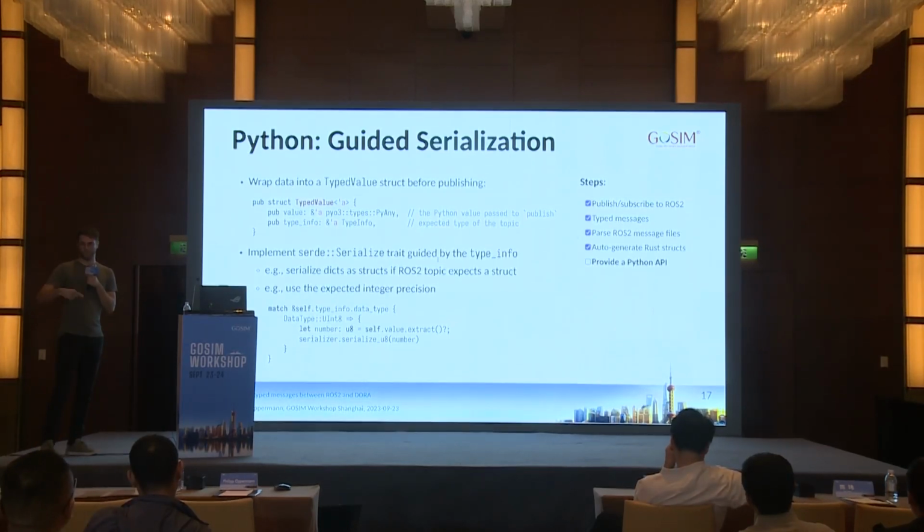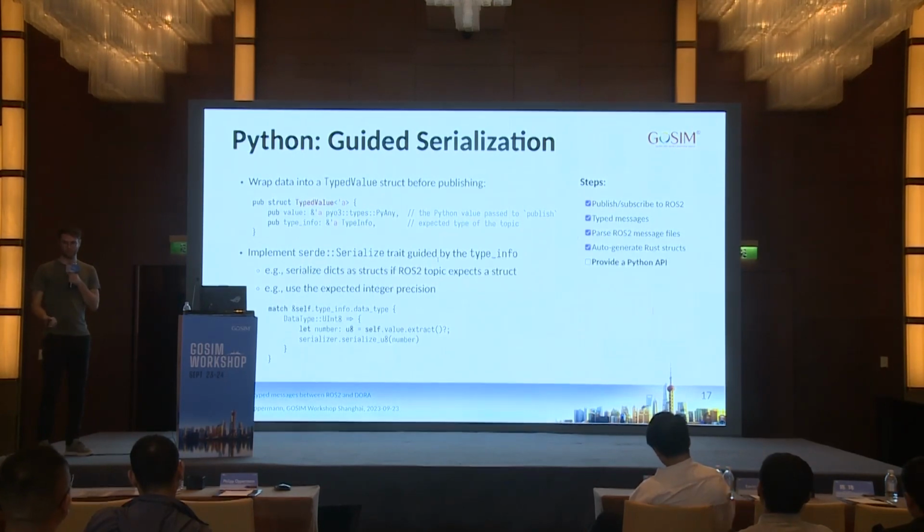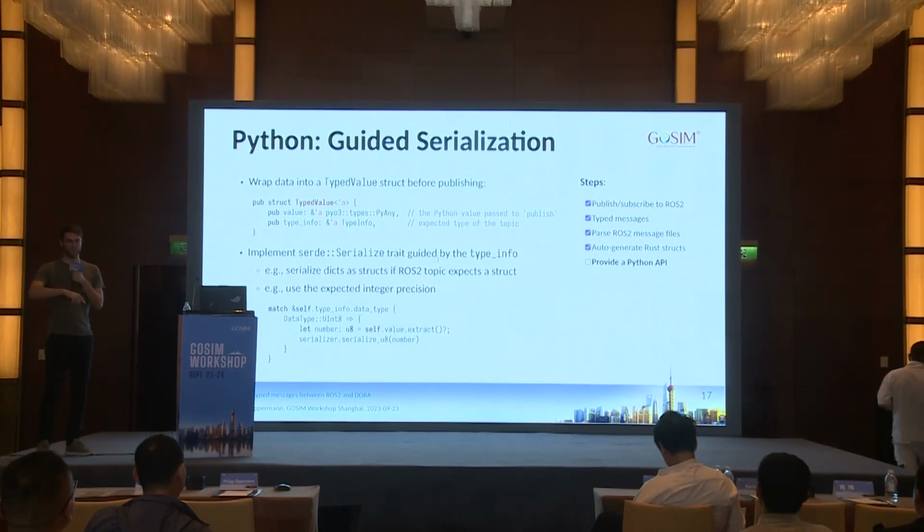And we match that based on the type name that is supplied. Then we can provide a custom implementation of the serialize trait and guide this implementation by the type information. So if the type information says that the topic expects a struct type and the user supplied a dictionary type, we still serialize the dictionary as if it were a struct, so that this way it looks correct on the wire.